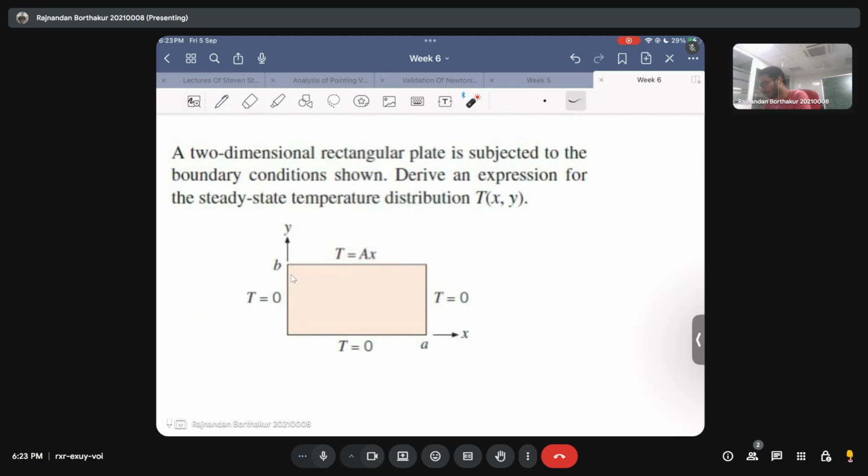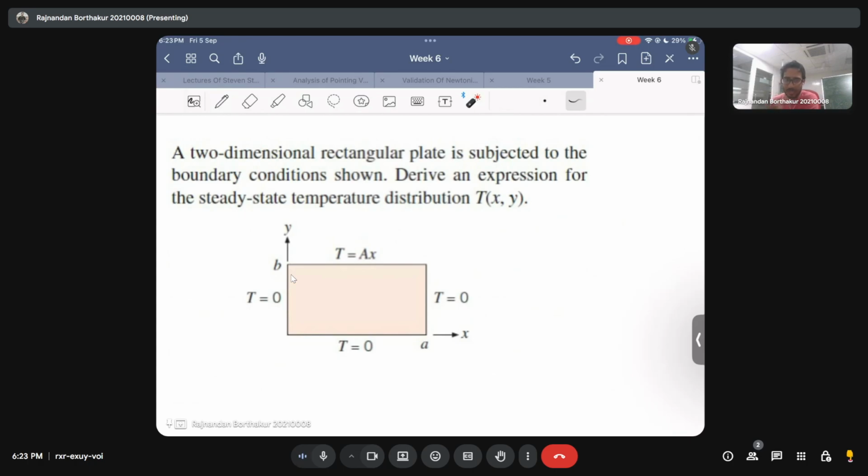So you can see that instead of having a constant temperature on the upper face, we now have a linear temperature profile, which says that the temperature on this upper face varies linearly in the axial coordinate, in the x direction.